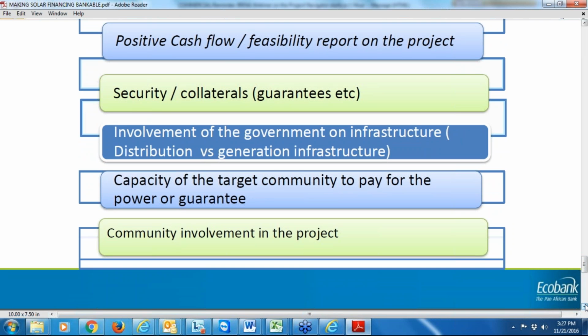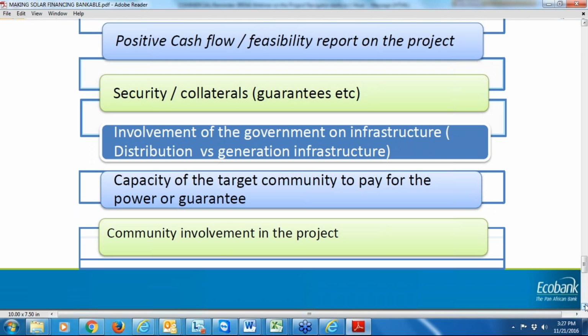I will just conclude. I will wrap up. So the security requirement is absolutely important. I've mentioned quite a lot: if you are doing an off-grid project, the infrastructure that has to be in place, the distribution infrastructure mostly, tends to be much more profitable if the government is involved in the distribution infrastructure, while the project developer is involved in the generation infrastructure.